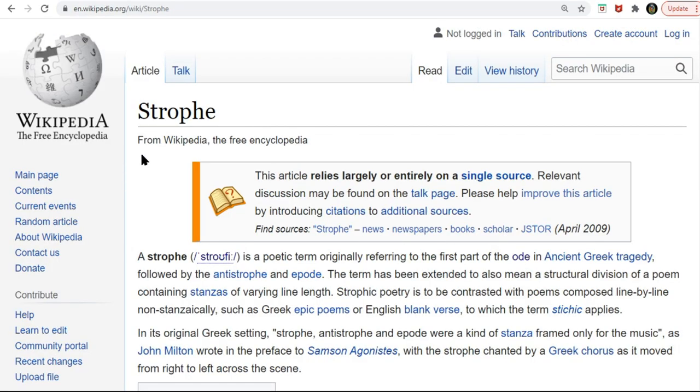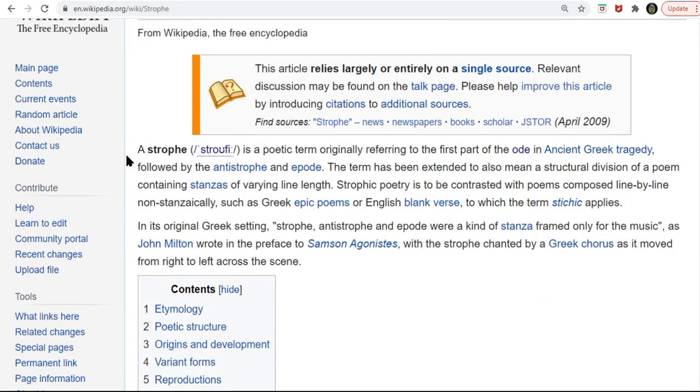So the apo means away, and the strophe is a poetic term usually referring to the first part of the ode in ancient Greek tragedy, followed by the antistrophe and the epode. The term has been extended also to mean a structural division of a poem containing stanzas of varying line length.